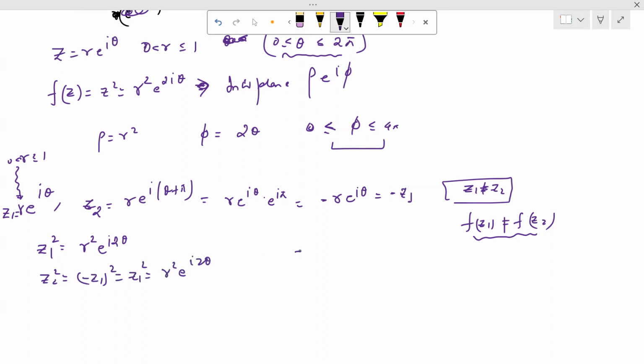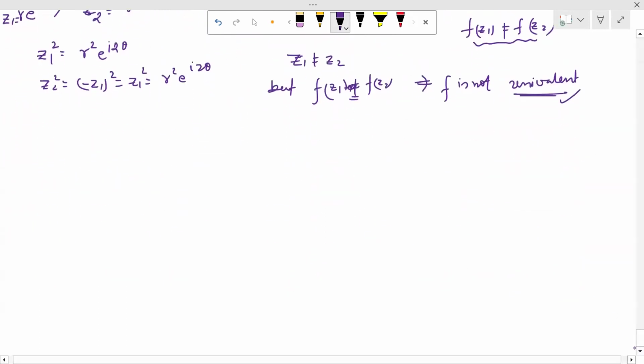So clearly, f(z1) is equal to f(z2). z1 was not equal to z2, but f(z1) is equal to f(z2). It implies that f(z) is not univalent. This is something that you should understand.